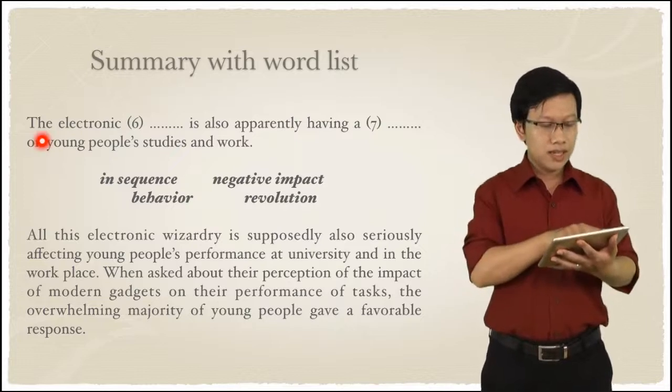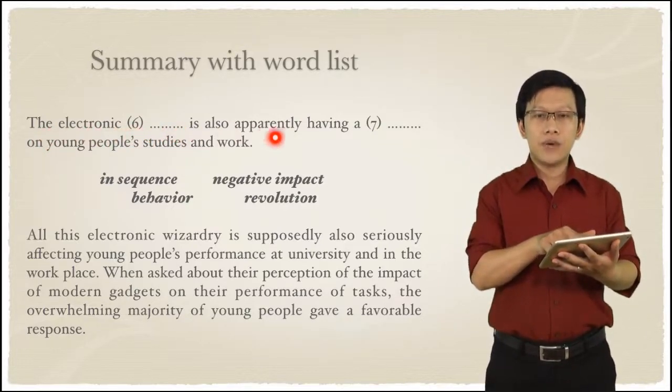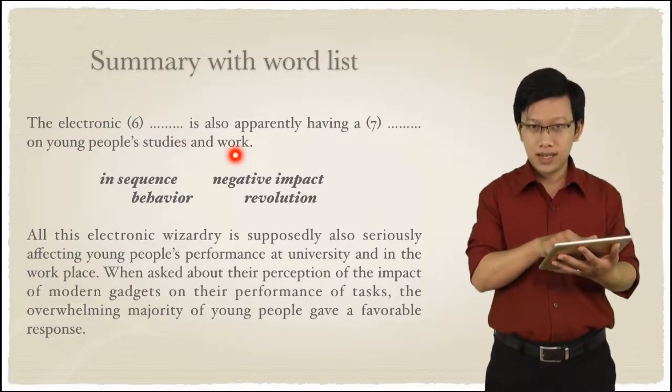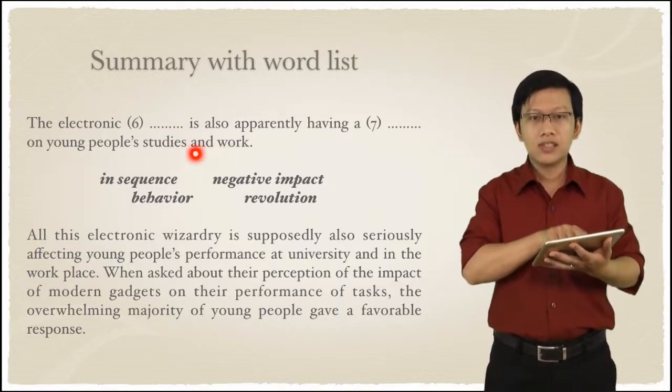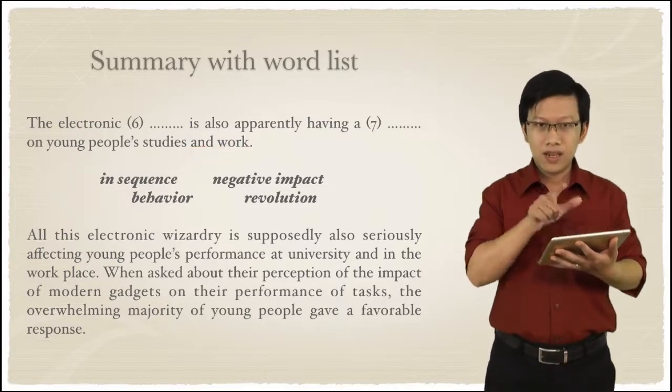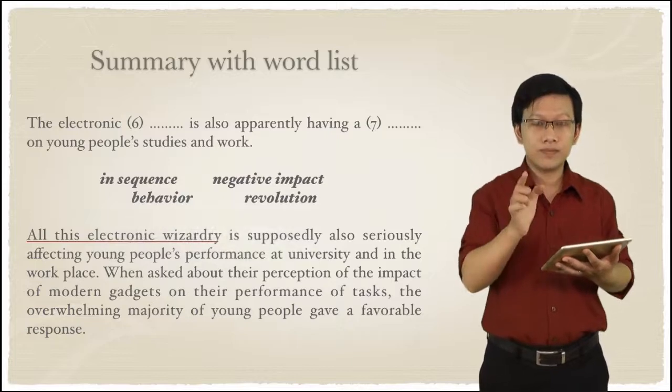For number 6, we see that the electronic blah blah blah is also apparently having a blah blah blah on young children's studies and work. So we are looking for something that is having a something on studies and work. Look at the passage. You will see that your information is located here.